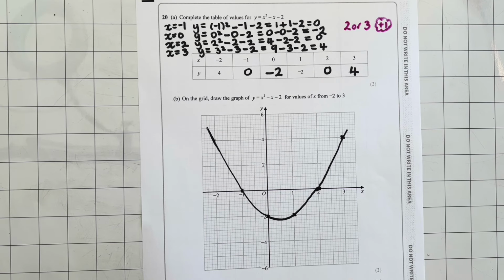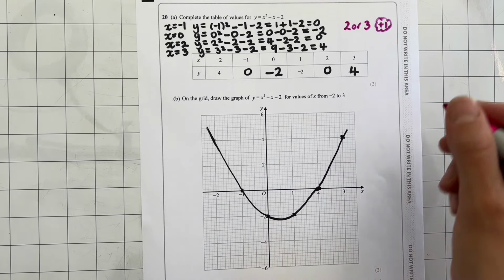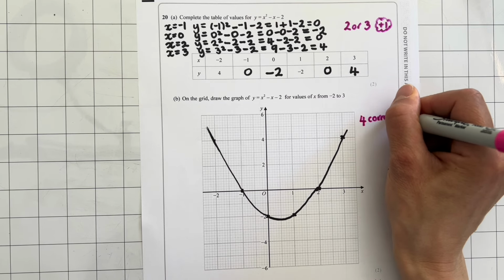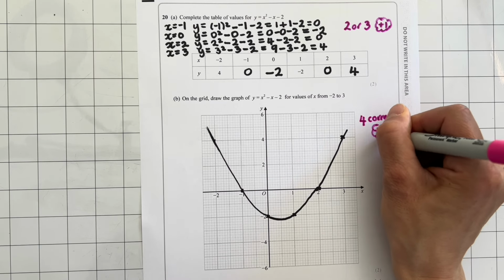If you draw a fully correct curve, then you will get the 2 marks. Otherwise, there is a mark available for getting at least 4 points correct. So 4 correct, then that is worth 1 mark.